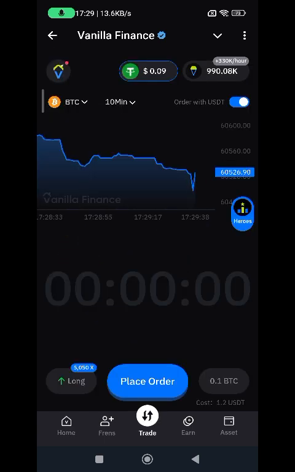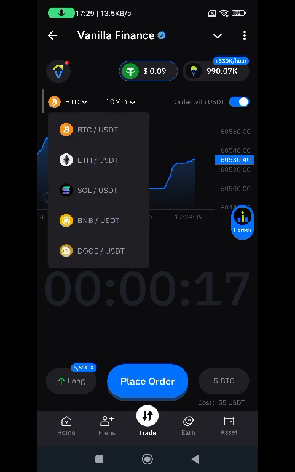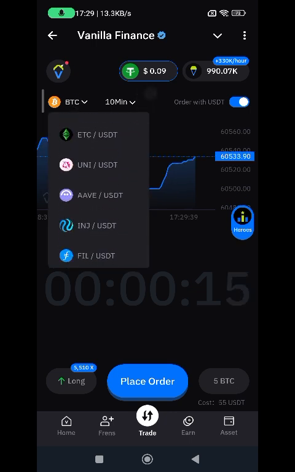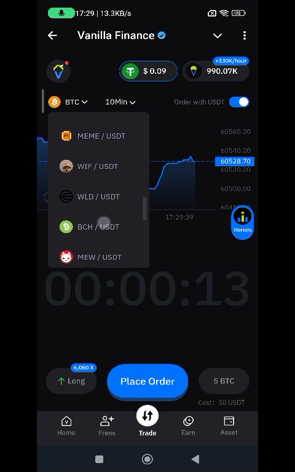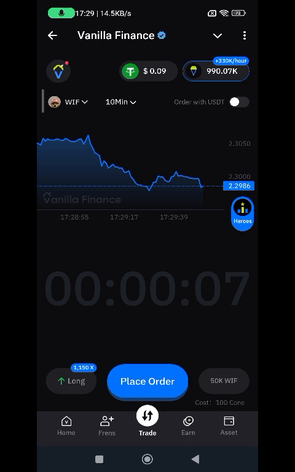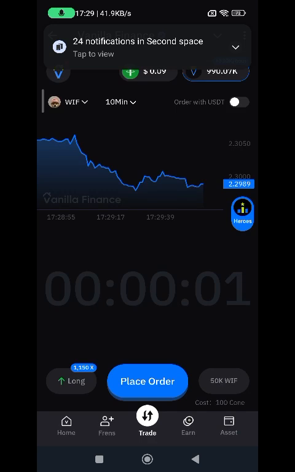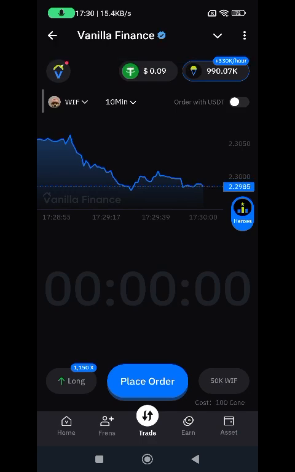I could just open a trade, maybe use a meme token like I mentioned, use the highest. You have to wait for the countdown to start from 10 so that you have a higher coin value for the position you want to open.